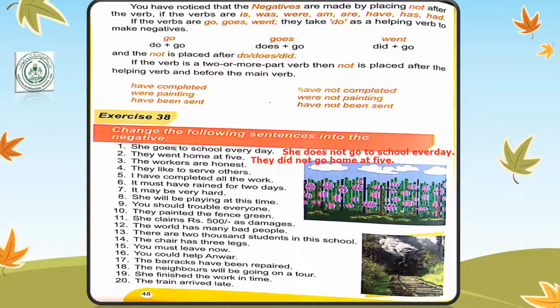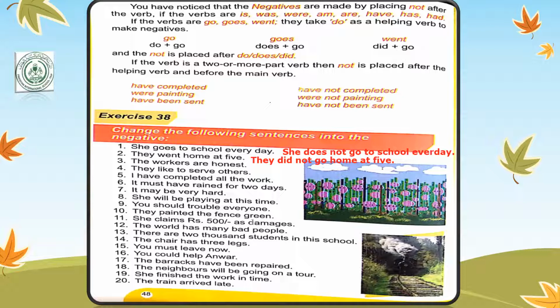When you are going to change it into negative or interrogative, you will add only go, and the s will be removed. If you say she writes a letter, you will say she does not write a letter, or does she write a letter? So the s will be removed. So same over here, they painted the fence green. They did not paint the fence green.